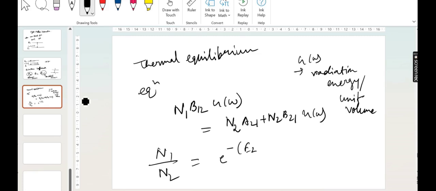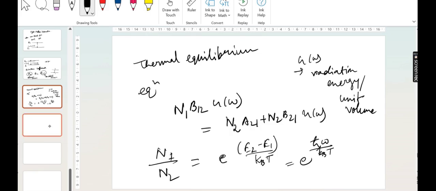So the ratio of N1 and N2, N1 is the number of atoms in level 1 and N2 is the number of atoms in level 2. So e to the power minus (E2 minus E1) by kBT, where kB is Boltzmann's constant. So this is basically h cut omega by kBT.